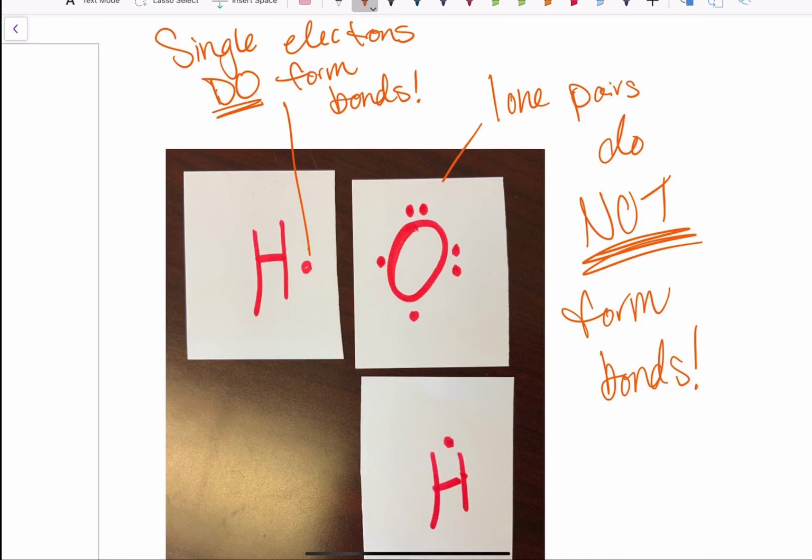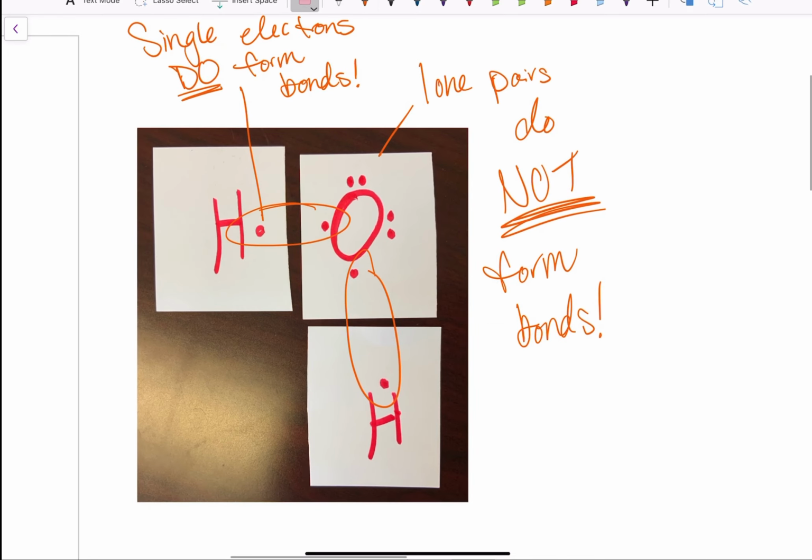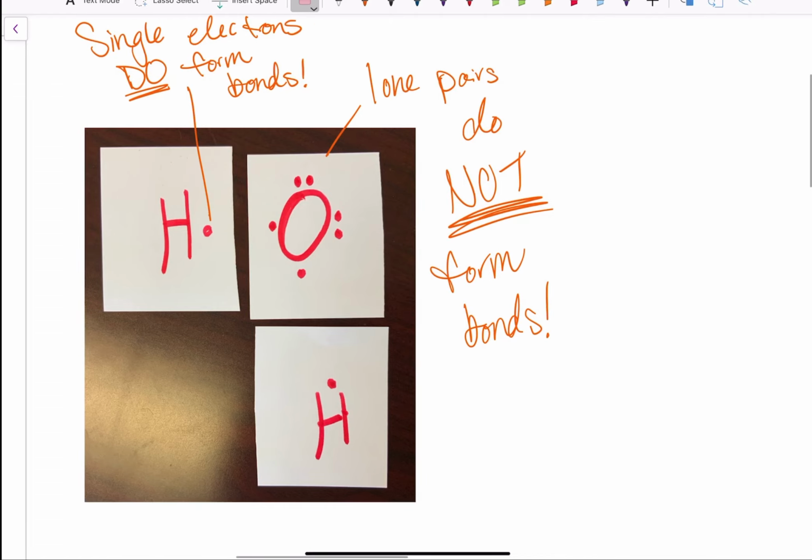From our notes just a second ago, we said that a single line, a single bond, is equal to 2 electrons. So that occurs right here. These 2 electrons are going to create a bond. So will these two, because they matched up. So what we can do is take this matching that we see and turn it into a Lewis structure. I'm going to erase this so we have some room to write.